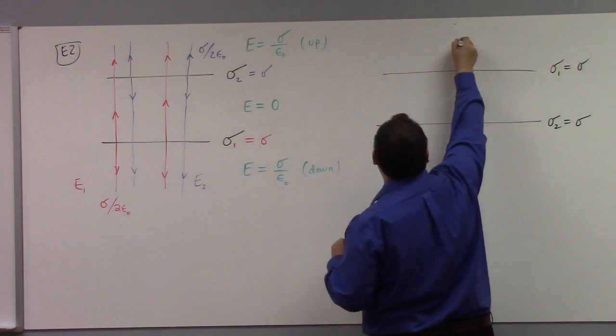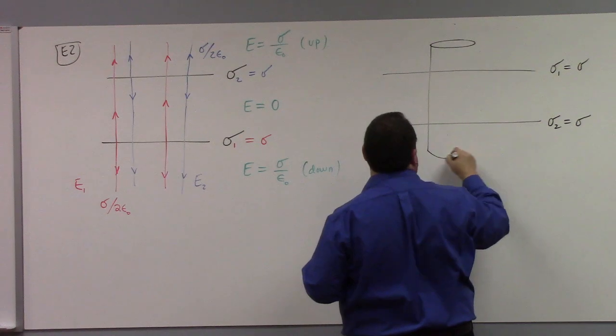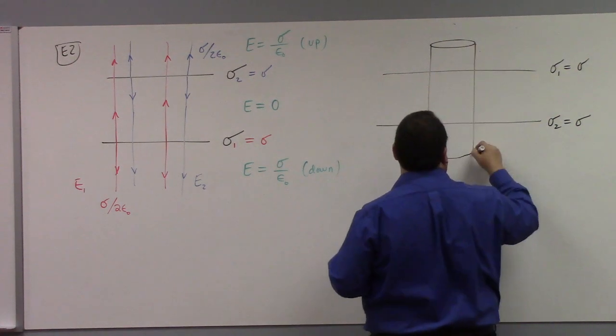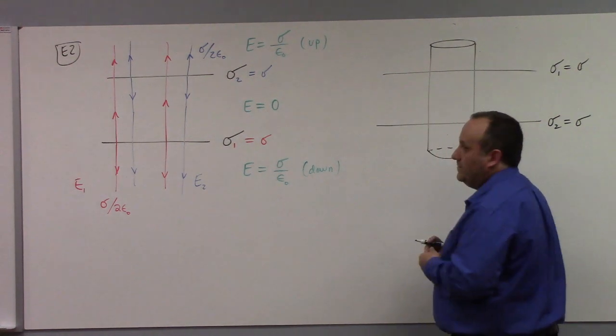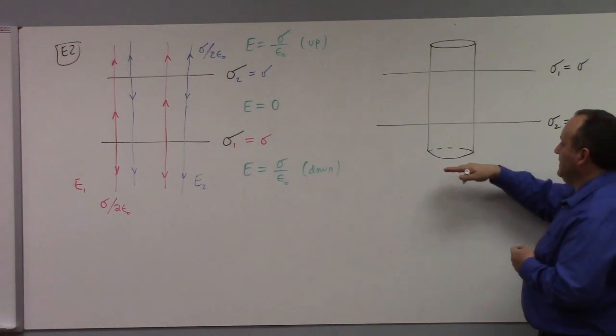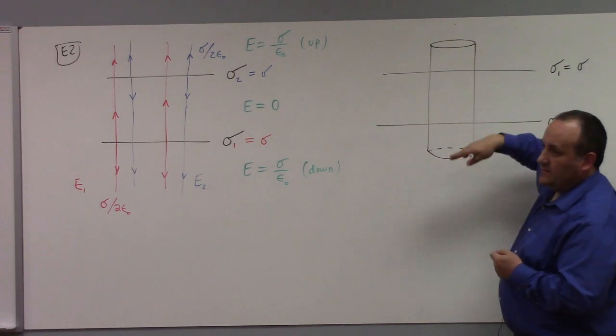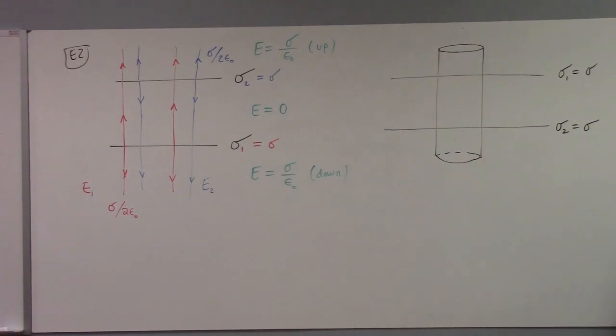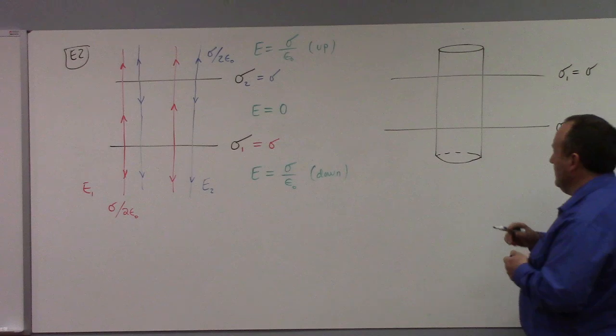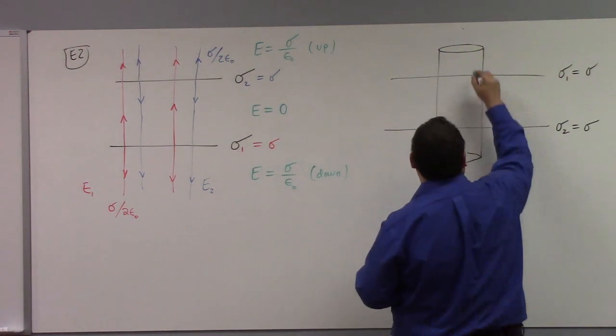And if I take my handy dandy Gaussian cylinder like this, and suppose I put this cap and that cap an equal distance above and below the planes, then this has area A, this has area A.